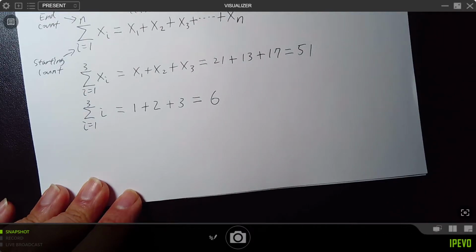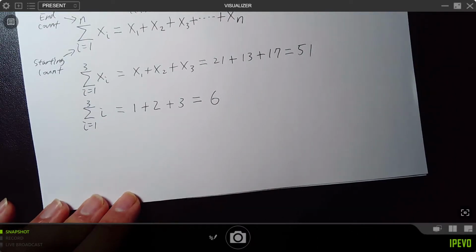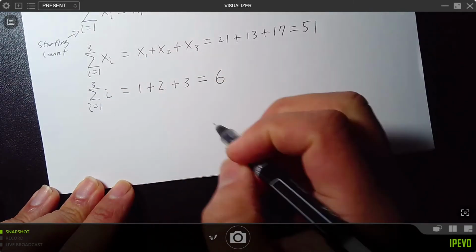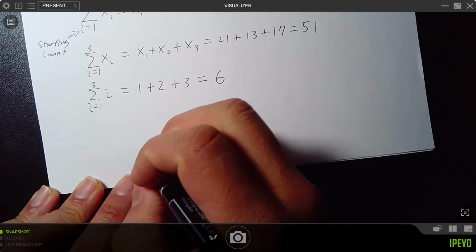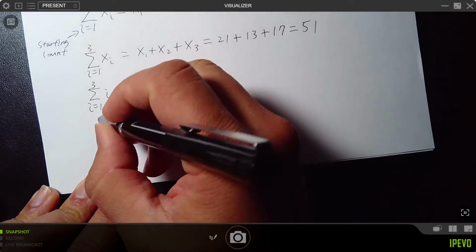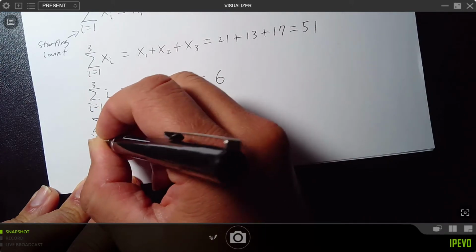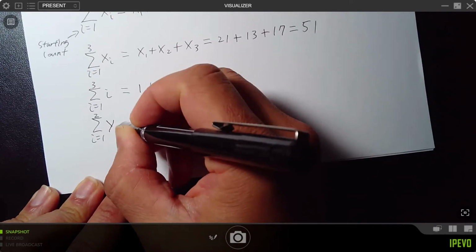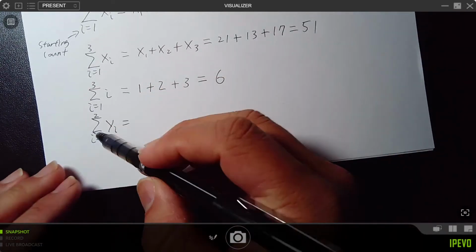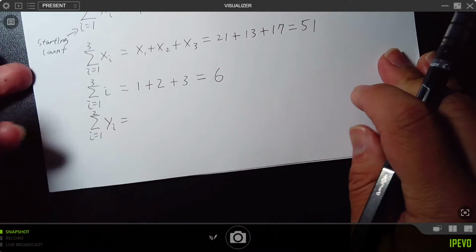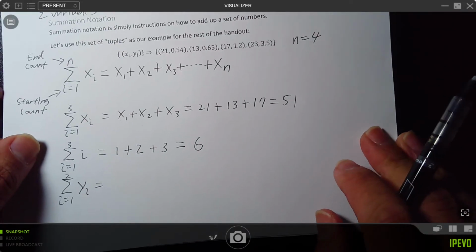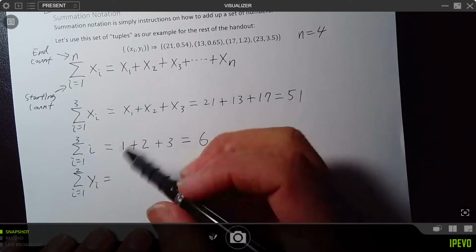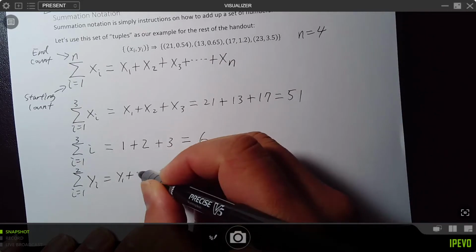I can do the same for y. So the sum of yi, with i equals 1 to 2. I'm going to be referring to my previous data set here. So this will just be y1 plus y2.